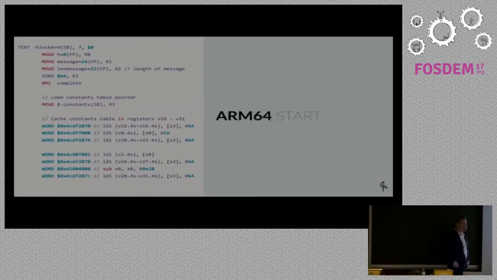This is actually an ARM example. So the first line is basically how you define the function in the assembly code. And the first thing that you do is read the parameters that were passed in. This function takes 2 slices as inputs. And as maybe some of you know, a slice is actually a structure with 3 elements in it.